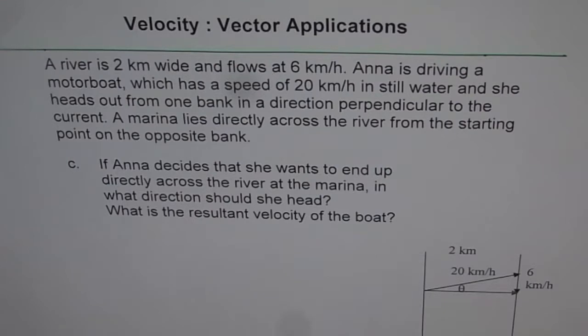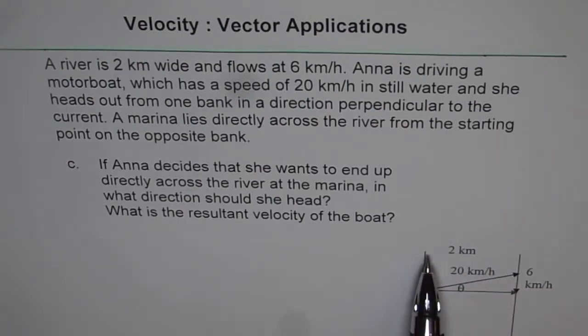So now we have the same situation as it was in the last case. We have a river here which is 2 kilometers wide. So that's the distance, 2 kilometers. And Anna is going on a motorboat which she drives at 20 kilometers an hour in still water.